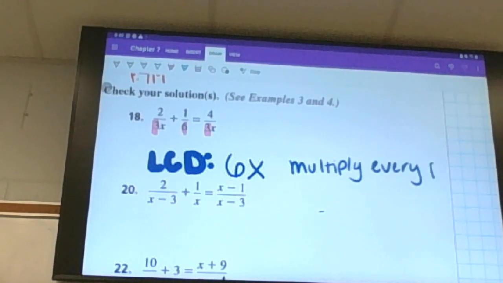So multiply every part by 6x. I picked the 6x, and now I set it up. I'm going to multiply all 3. Because we have an equal sign, if I just do it to both sides of the equation, you're good to go. So I'm going to do 6x times this one, 6x times this one, and 6x times this one.